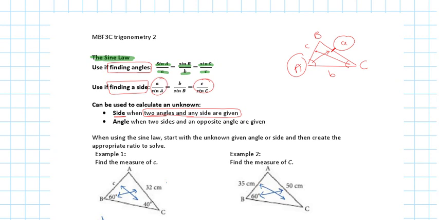You always need three pieces of information. You either need two angles and any side, and you can solve for another side, or if you're solving for an angle, you need two sides and an opposite angle. This is very important.